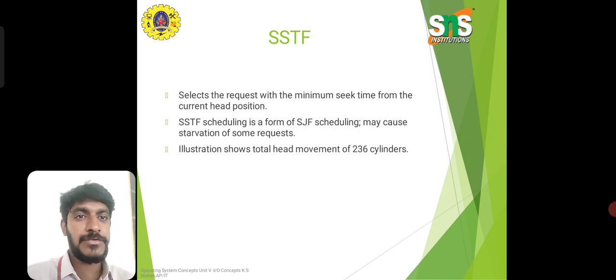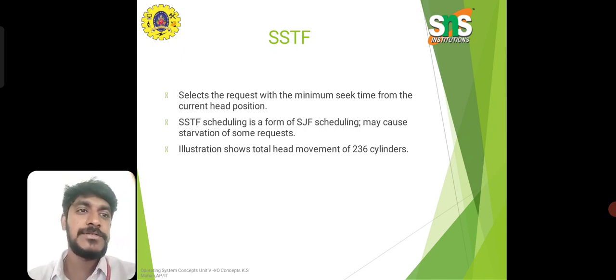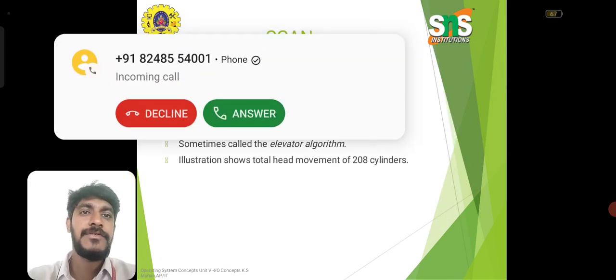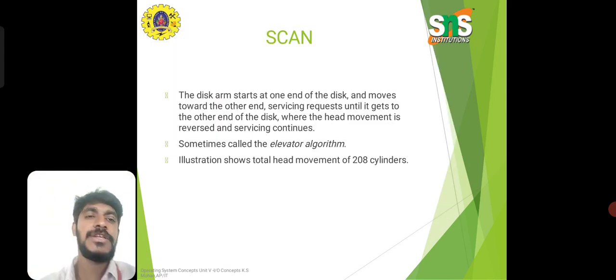The illustration shows a total head movement of 236 cylinders. So SSTF follows this kind of process.